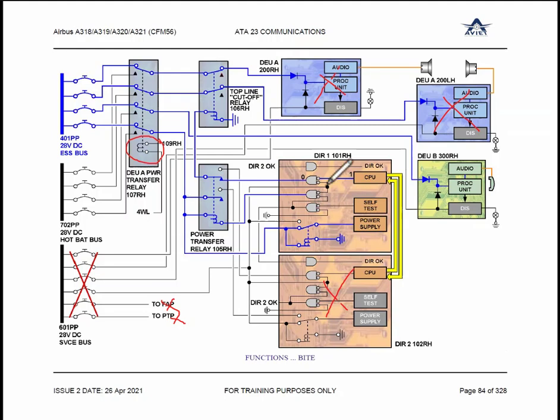It means either the pilot is pressing his PTT for hot mic. Now, the pilot cannot use other systems for the PA system. He has to use the black one, the handset.